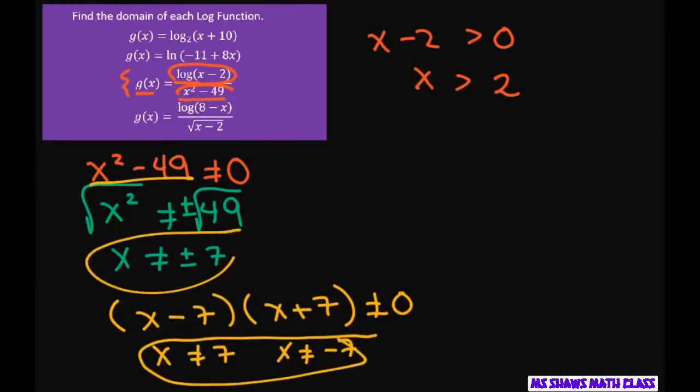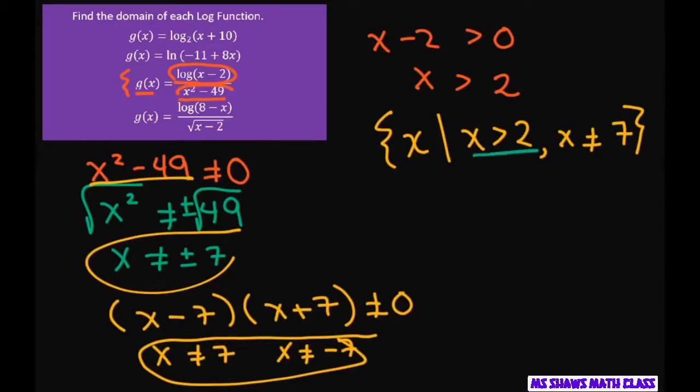So your domain is, first of all, you can write it more formally, but x has to be greater than 2, and x cannot be 7. We're not using the negative 7 because it's already restricted here that x is greater than 2. So it has to be greater than 2, everything above 2 except 7.